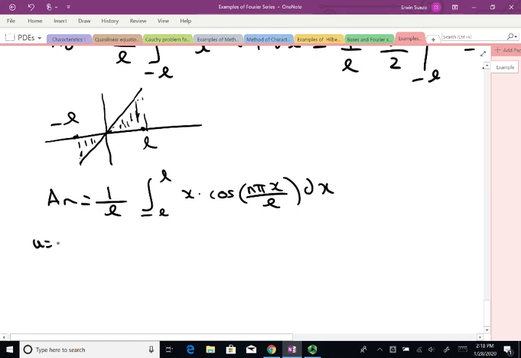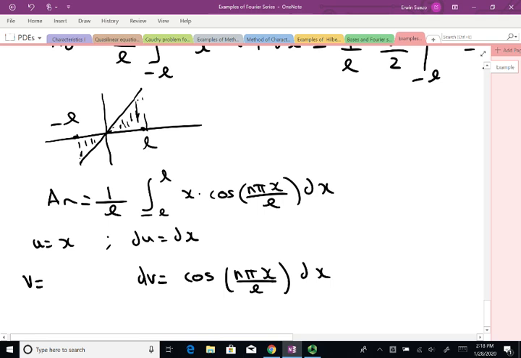We set u equals x, so du equals dx, and dv is cosine n pi x over L dx, and then v equals L over n pi times sine n pi x over L. The derivative of sine is positive cosine, and the derivative times n pi over L gets us cosine, yeah. So that's the right one.